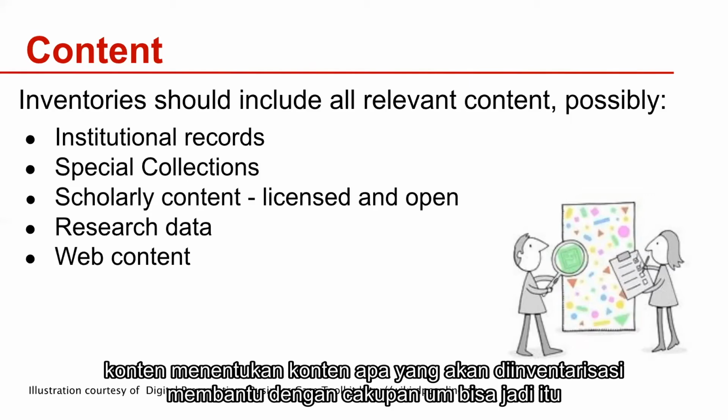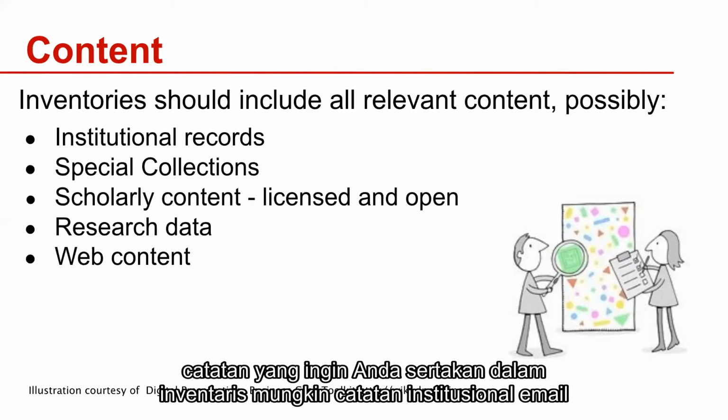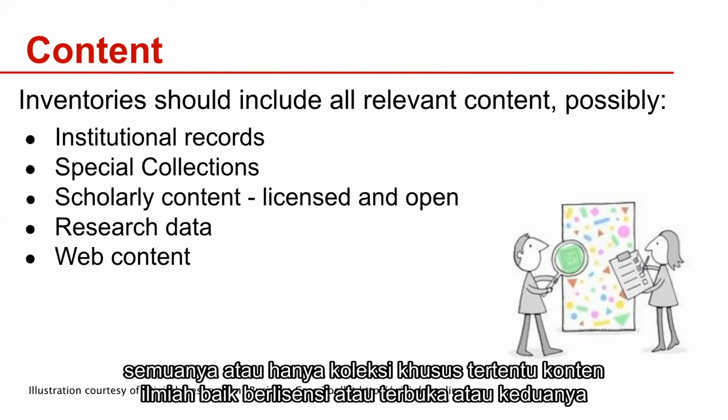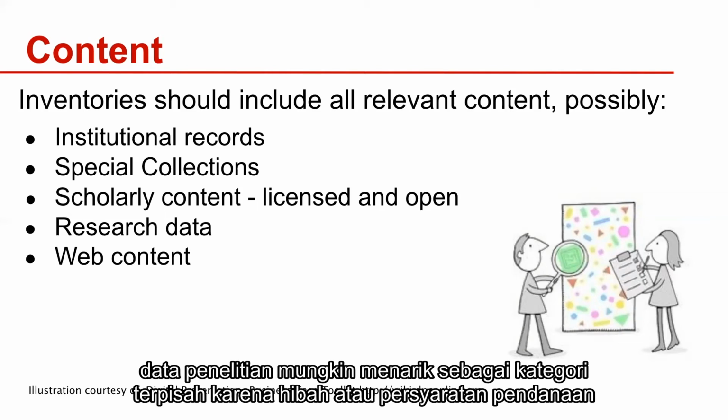It could be that the records that you want to include in an inventory may be institutional records, emails, reports, financial records. You may want to focus on special collection materials, all of them or only certain special collections. Scholarly content, either licensed or open or both. Research data.